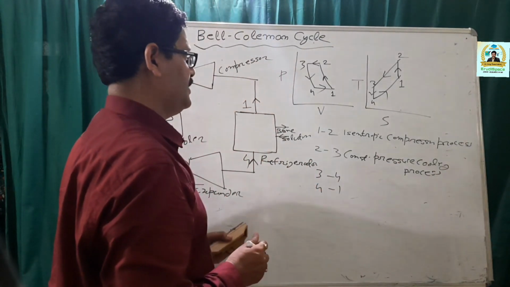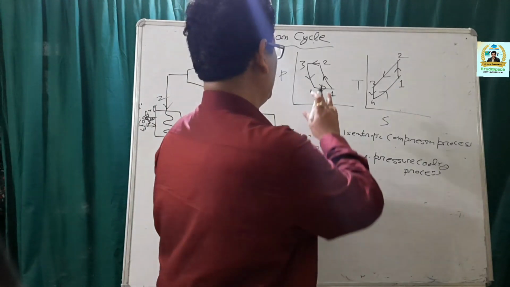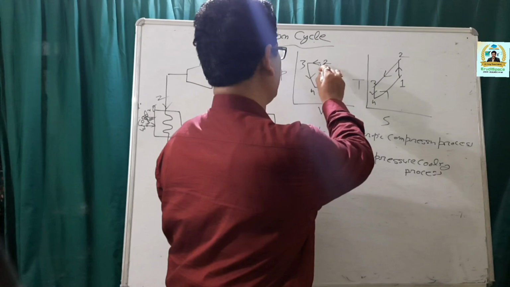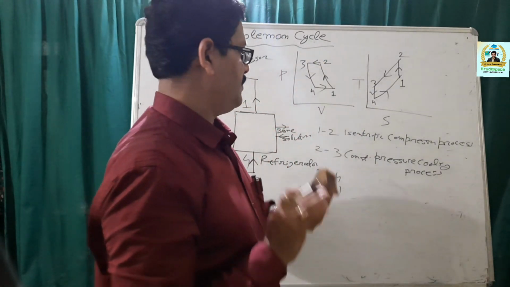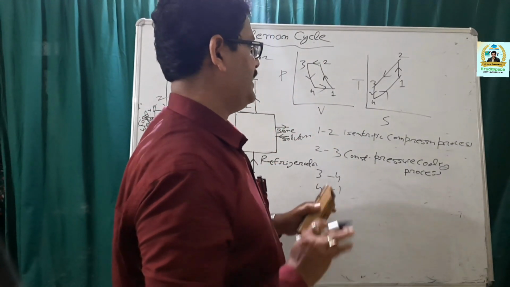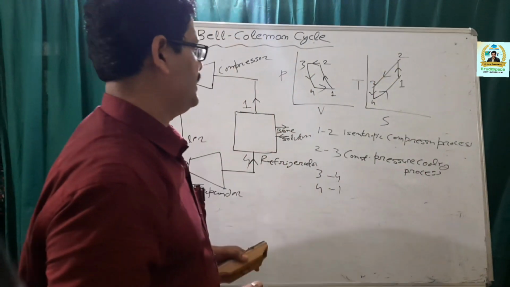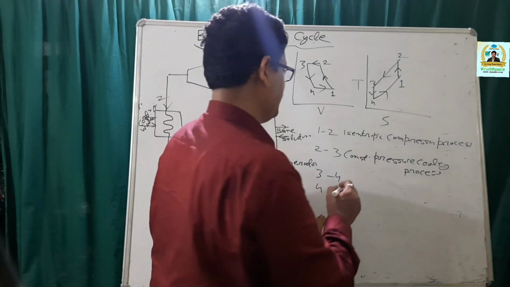So here the specific volume of air drops from V2 to V3, pressure remains constant, and temperature drops from T2 to T3. 3-4 represents isentropic expansion process.